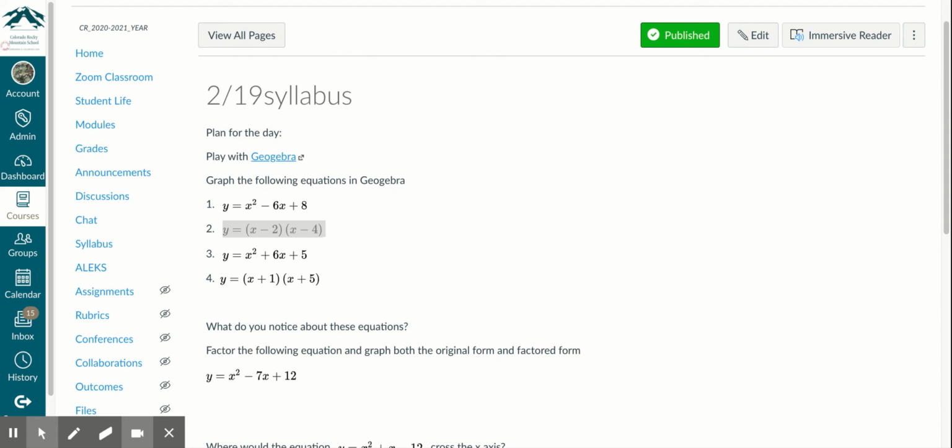Can't quite reach it, there we go. And you can see there's the factored form and expanded form of the same equation. And once again, my x-intercepts are -1 and -5, which match up with these factors.